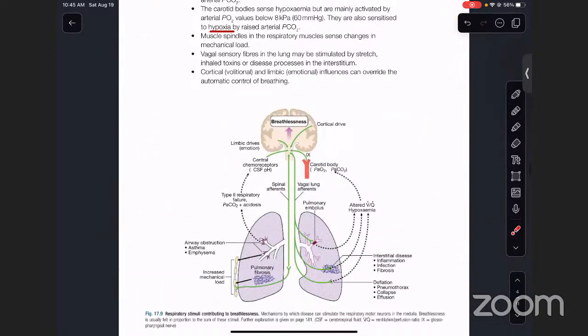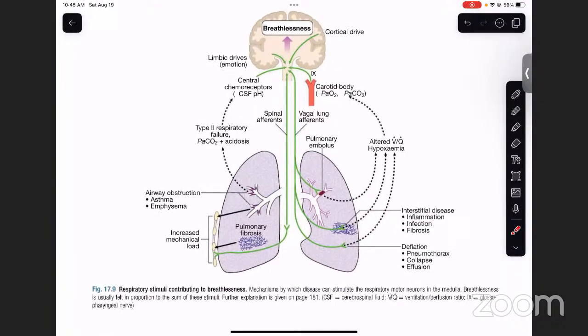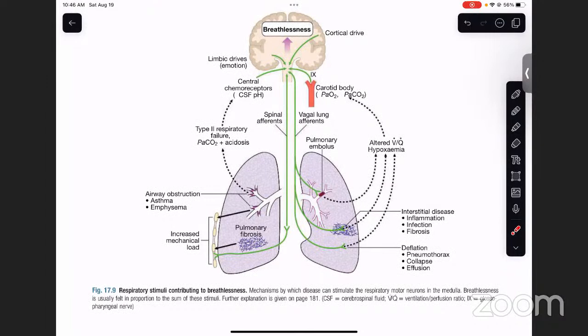Before that, let's move on to control of breathing. There are very important stimuli for respiratory effort. You can see some examples like pulmonary fibrosis. In the case of pulmonary fibrosis, there will be stimulation of stretch receptors in our rib cage, and it is transmitted to the central chemoreceptor or maybe the carotid body.